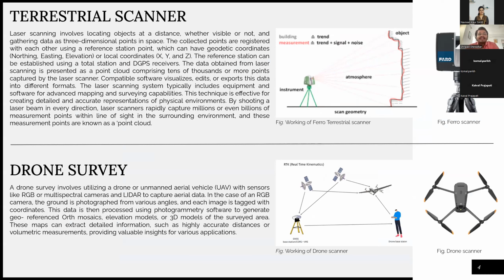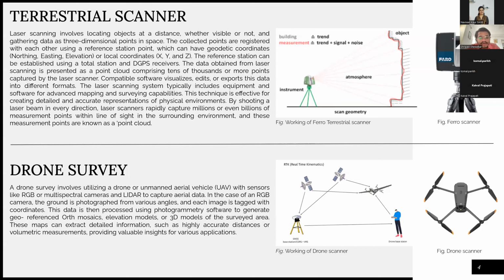The collected points are registered with each other using a reference station point, which can have geodetic coordinates like northing, easting, or elevation, or local coordinates such as X, Y, Z. The data obtained from laser scanning is presented as a point cloud comprising tens of thousands or more points captured by a laser scanner, which is then processed in software for editing or exporting the data into different formats.